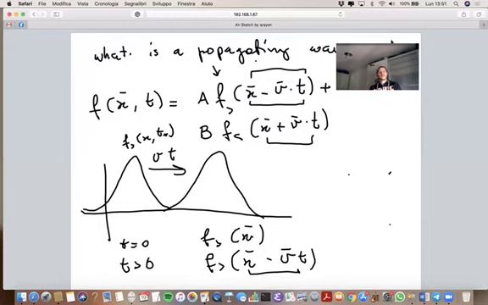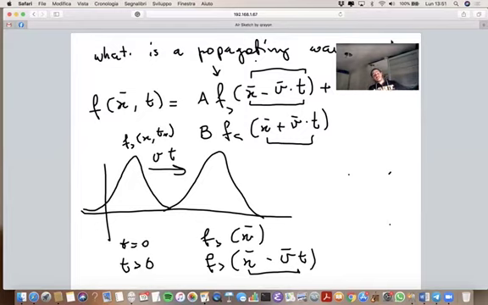It is a function of space and time that depends on space and time according to either of these two combinations, or a linear combination of these two. And v is called the wave velocity, and it can be related to the wave vector. An electromagnetic wave is the same.